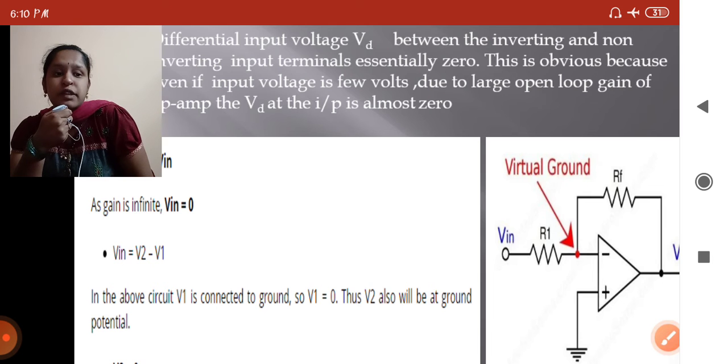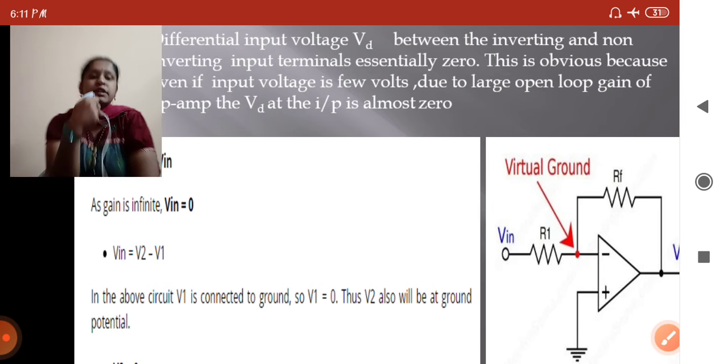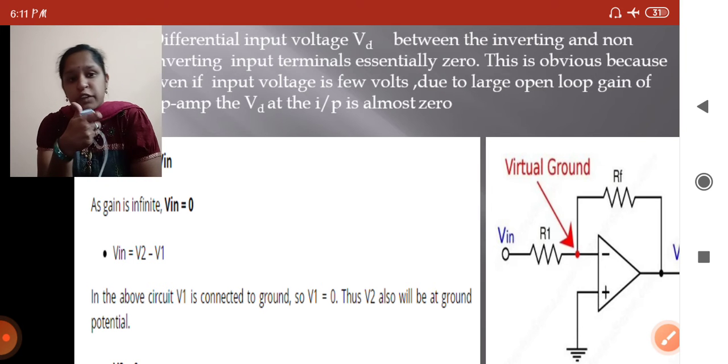That is also 0. Vid is 0. The output voltage is V0 equals A into Vid. Vid is 0, so obviously the output voltage will be 0, right?